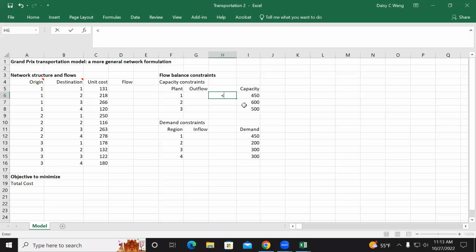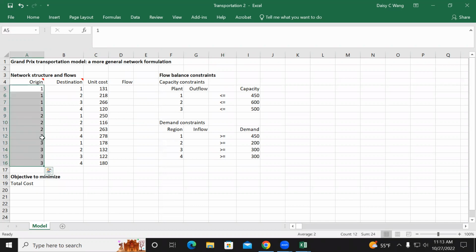We have to have less or equal to our capacity, sorry, and then greater or equal, we want to have greater or equal than our demand.